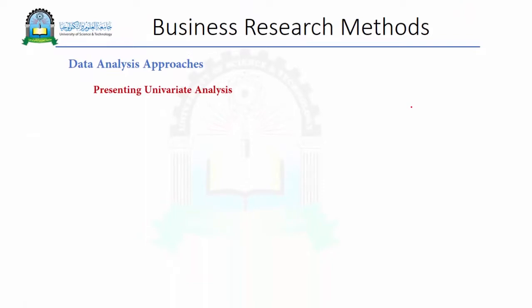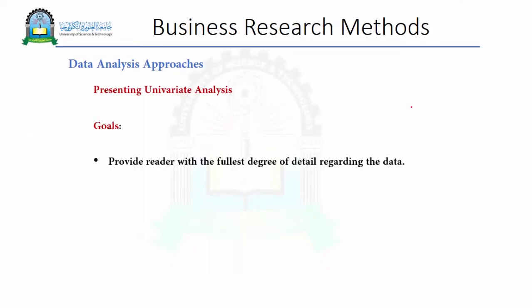In presenting the univariate analysis, the goal is to provide the reader with the fullest degree of detail regarding the data. This type of analysis must be done for any researcher and any research, because the reader needs to know what the research is about.